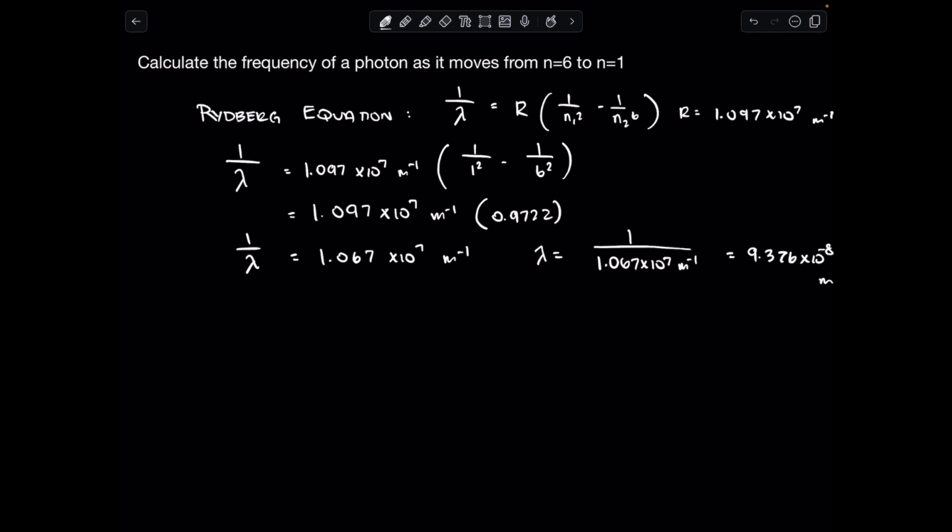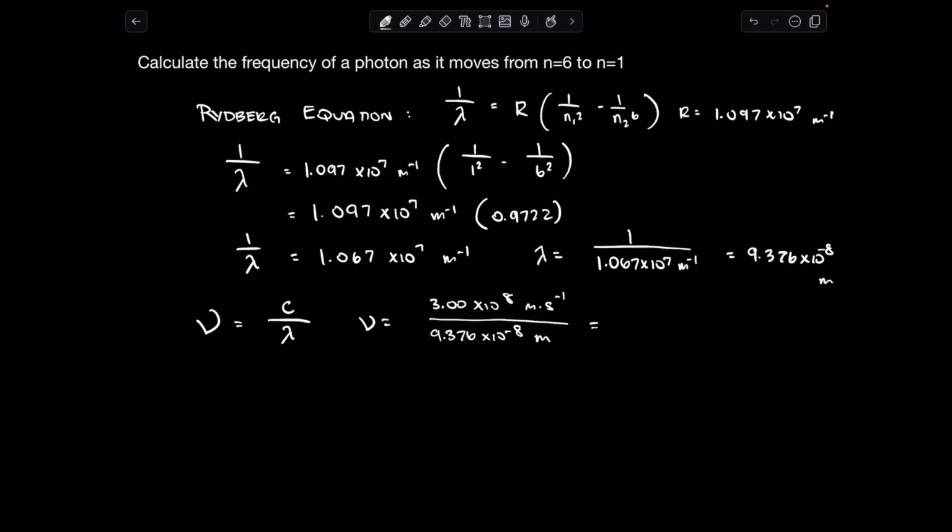Now this is a wavelength. We haven't gotten to frequency yet. So we need to go back and use our other equation, which is frequency is equal to the speed of light divided by wavelength. So let's plug in our values. So frequency is equal to the speed of light, which is 3.00 times 10 to the 8 meters per second, all divided by our new number, which is 9.376 times 10 to the minus 8 meters.